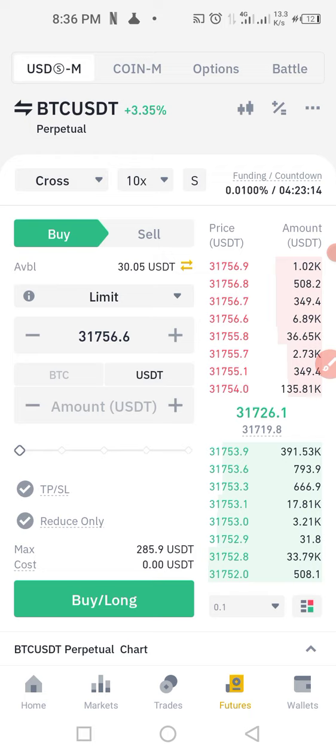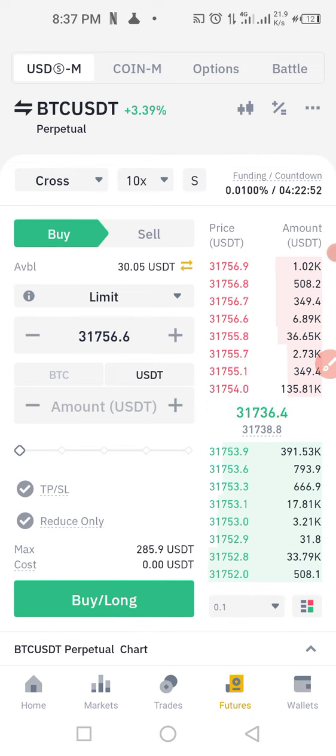Once the price goes high, you sell that asset. What will happen? You gain. And at the same time, you can also predict that the price of a given asset will come down. So once the price comes down, you sell and you get profit.